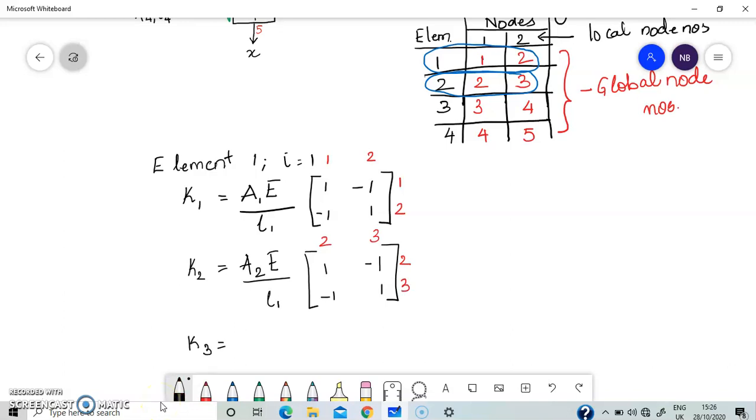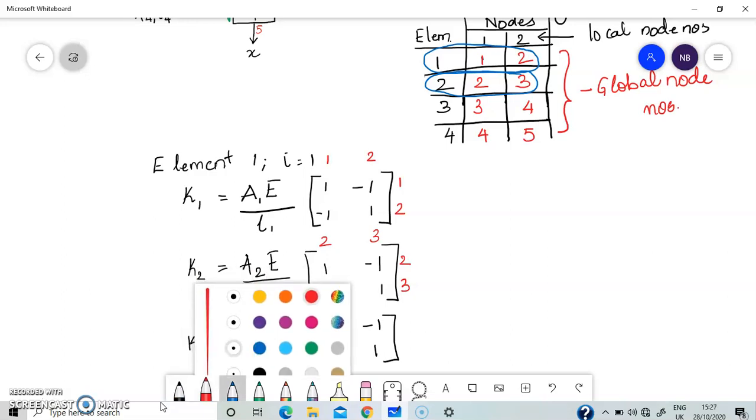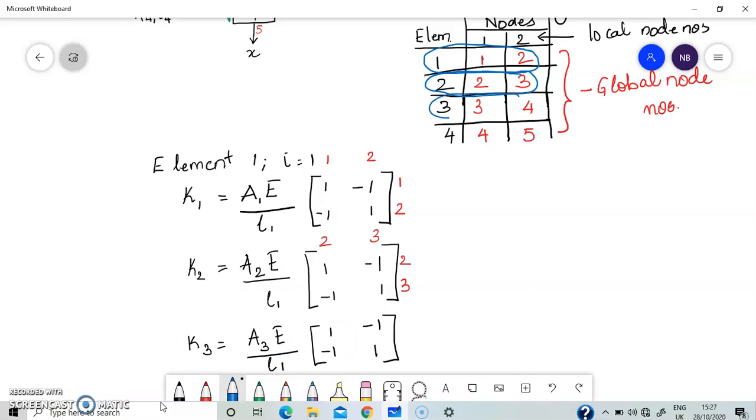For element 3, i equals 3, so the stiffness matrix is K3 equals A3 E upon L3, with 1, minus 1, minus 1, 1. Again, its global node numbers correspond to 3 and 4. 3, 4, 3, 4.